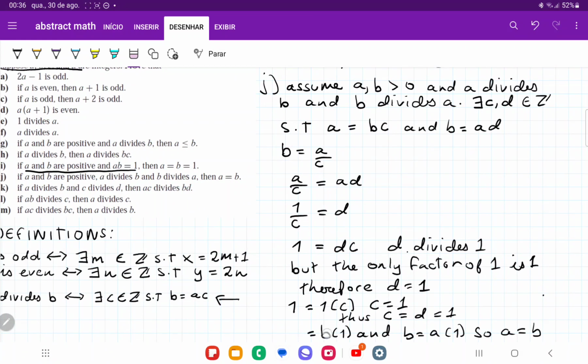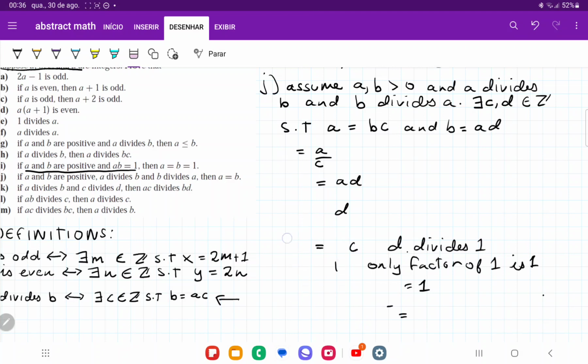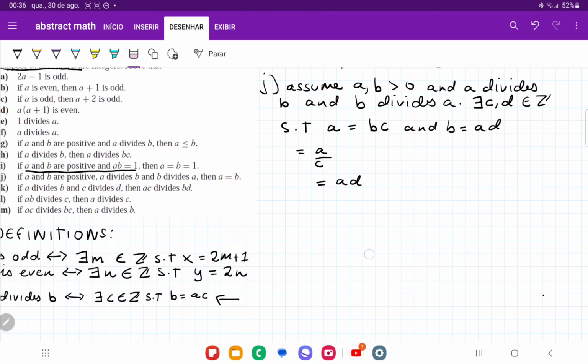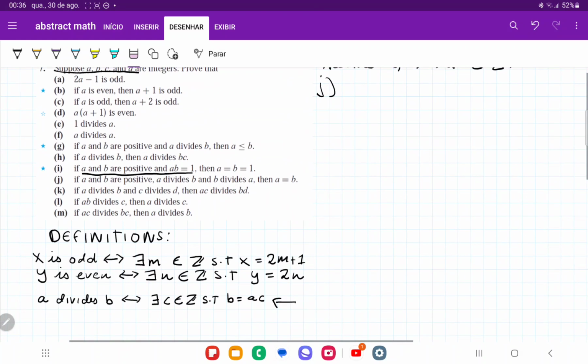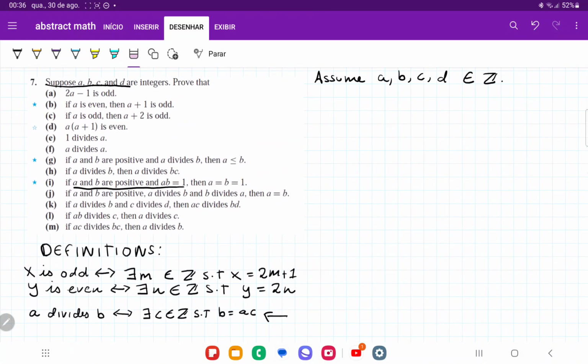Now let's do item K. Item K says that if A divides B and C divides D, then AC divides BD. So let's go ahead and write this in. For item K, assume that A divides B and C divides D. Actually, I wrote this terribly.